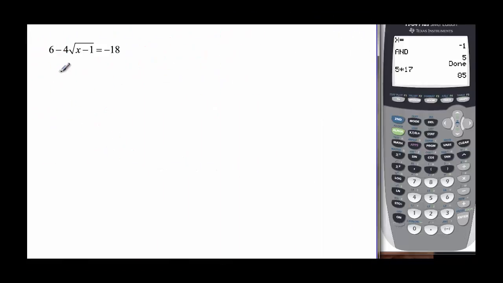Okay, this is an interesting looking problem. Let's just peel away the layers. So we have to subtract the 6. It's being added to this square root thing, so I have to subtract 6 from both sides. And negative 4 square root x minus 1 is going to be equal to a negative 24.